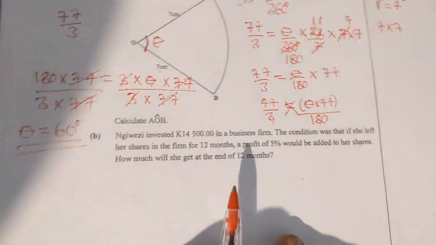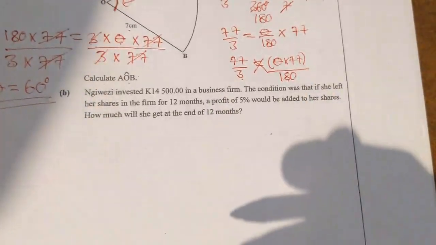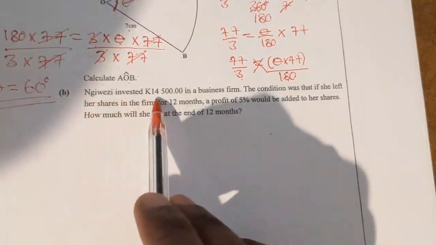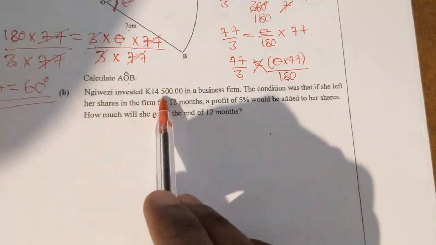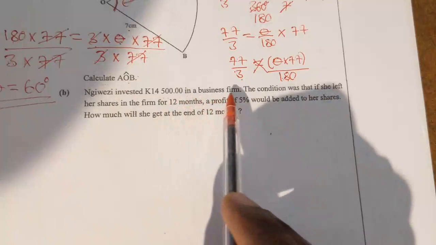Okay, so when coming to this question, this is B. They're saying that Ngwezi invested 14,500, right? So this is the money that he invested in a business firm.